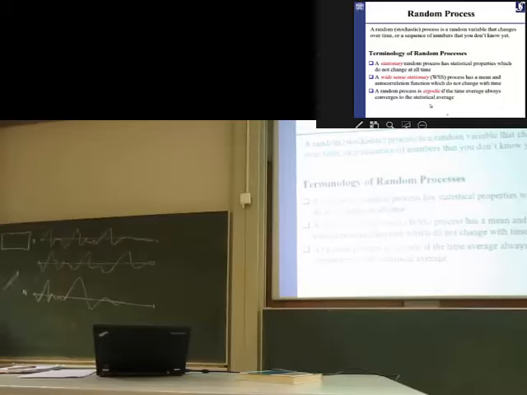This is called a process. So the general picture is called the process, which shows the evolution of random variables over time. These are called ensemble random variables.